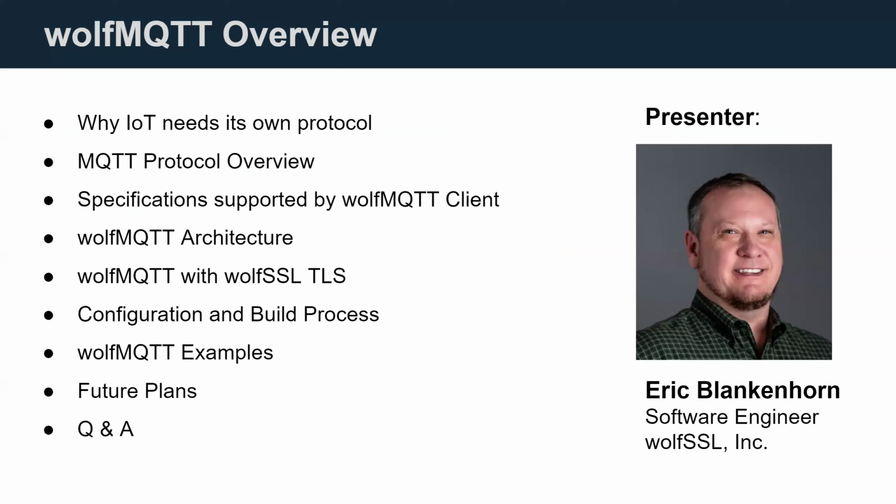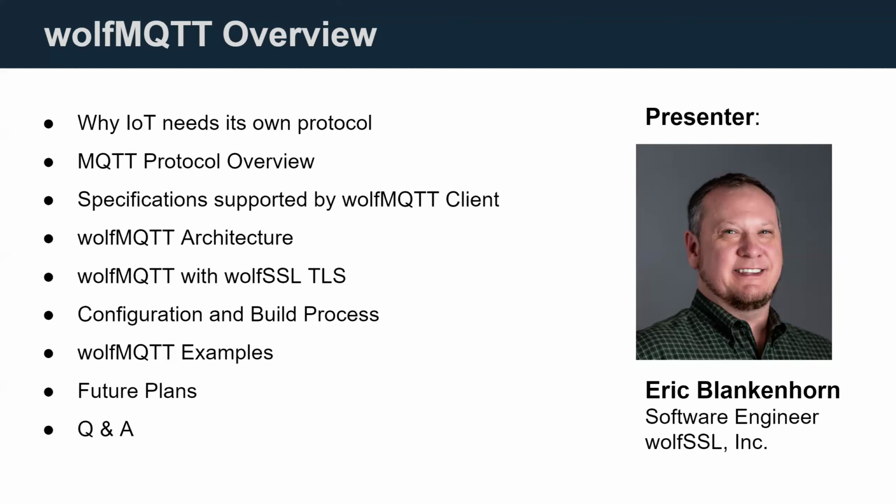We'll start with a discussion about the specific needs of the Internet of Things. That will take us to an overview of the MQTT protocol itself. Then we'll review the different specifications that are supported by the wolfMQTT client library. Next, we'll take a look at the architecture of the library, the integration with wolfSSL, and a quick look at the configuration options and the build processes.